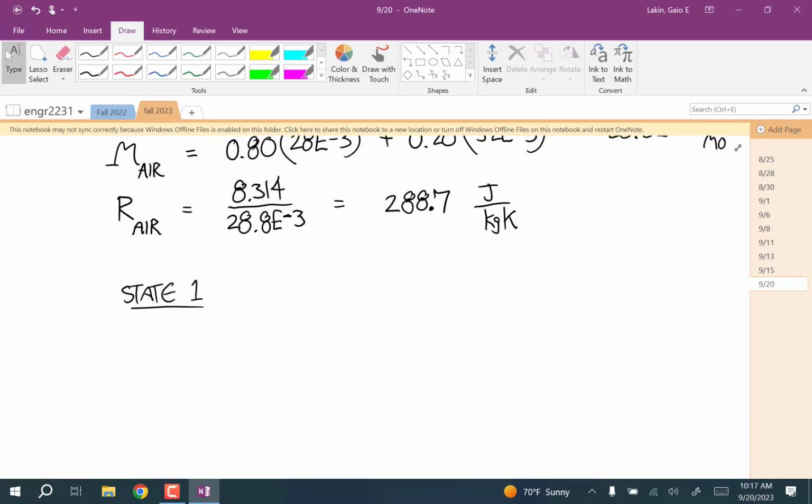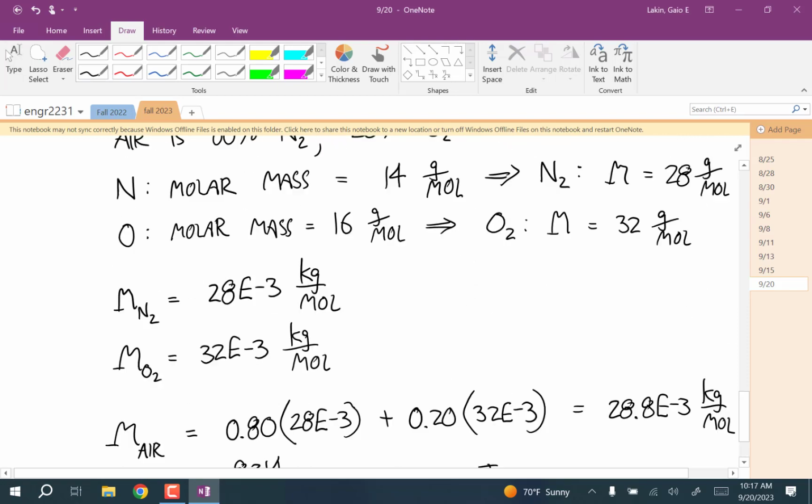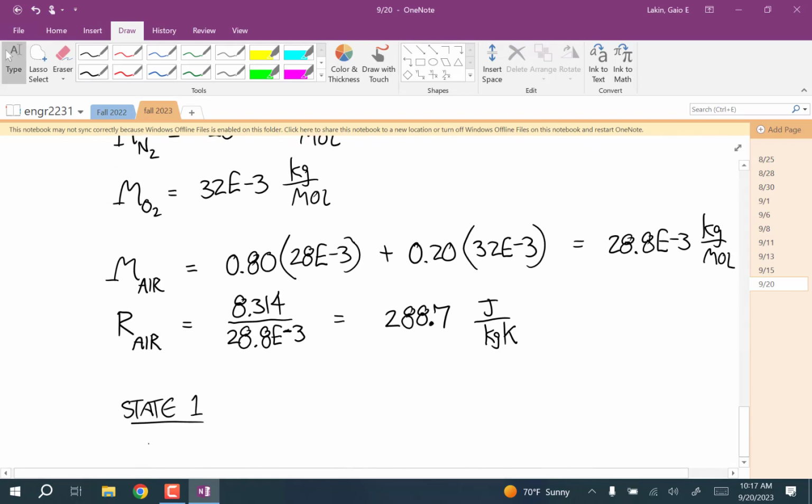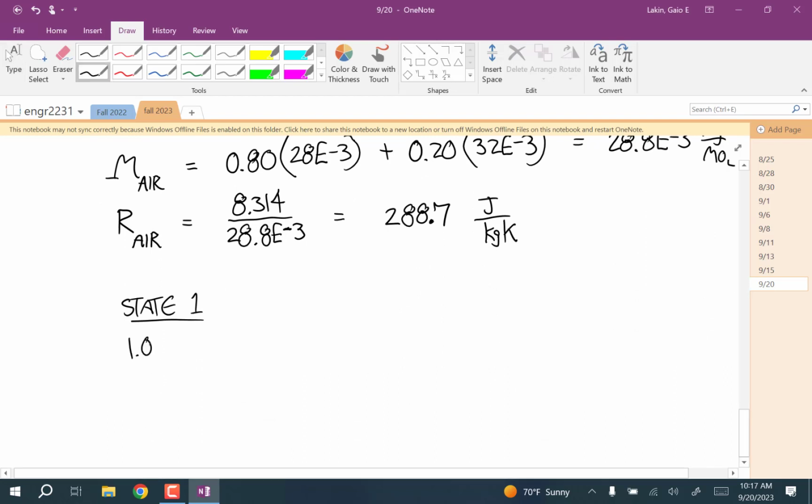So at state one, we have a pressure of 1.01 times 10 to the fifth. We don't know the specific volume, and that's equal to 288.7 times the temperature. Be careful. You always have to use an absolute temperature scale when you're using the ideal gas law.